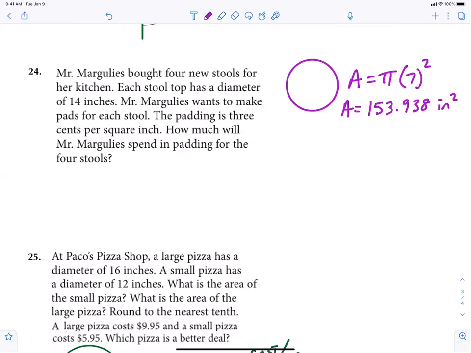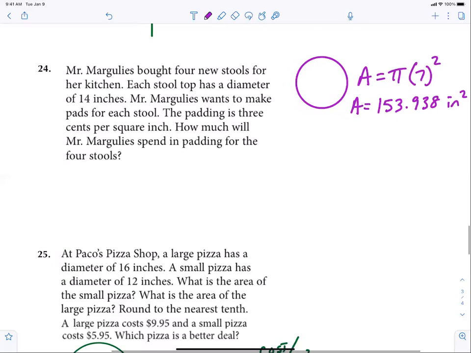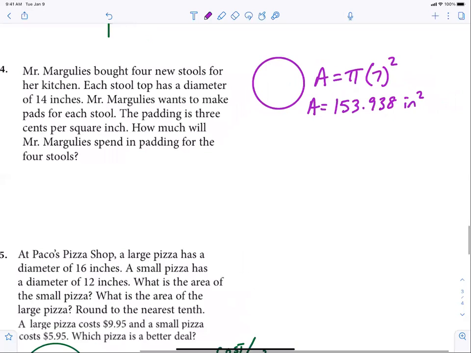Because it's 3 cents for each square inch. Okay, wait, no, it wouldn't be dividing, it'd be multiplying, right? Because each circle has 153, or almost 154, square inches in it, correct? Does that make sense? So you've got to multiply by 0.03. So do that. Tell me what you got.